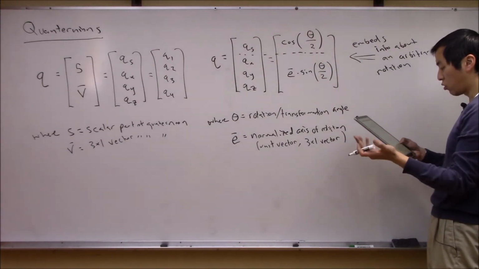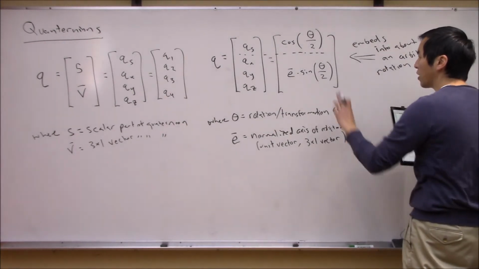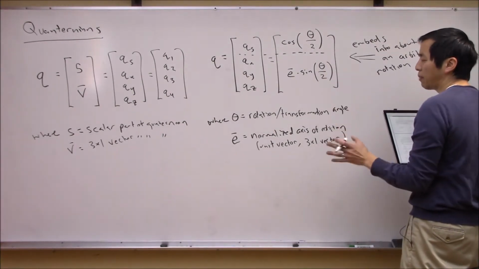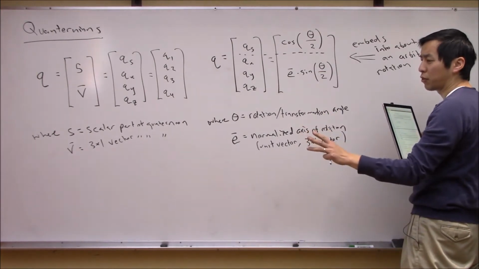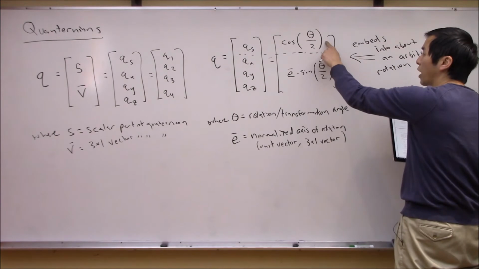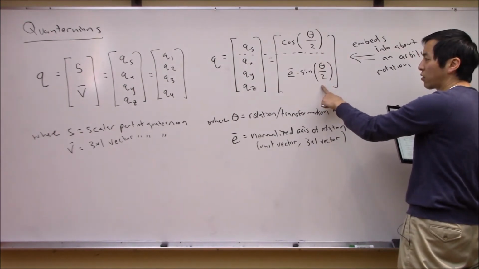Okay, so maybe before we leave this, we should make a couple of notes. This definition may change depending on different programming languages. Some programming languages, when you're dealing with quaternions, might use a different way of embedding the rotation angle and a different way of embedding the axis of rotation.